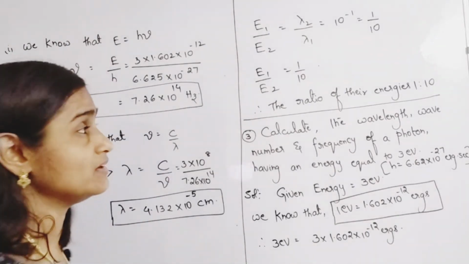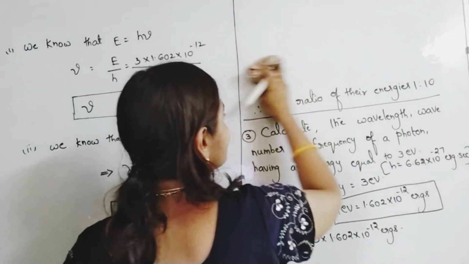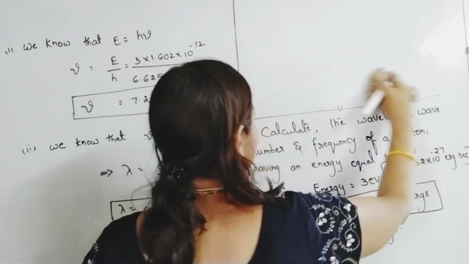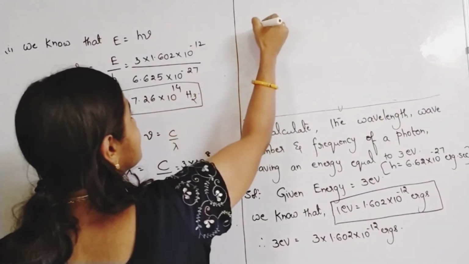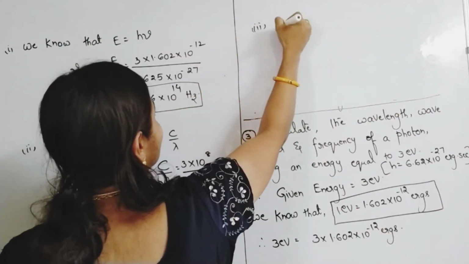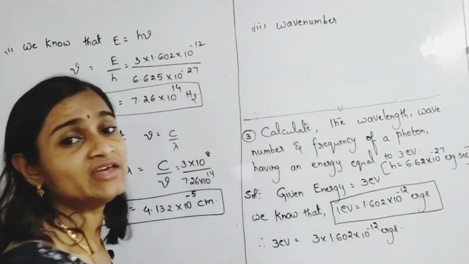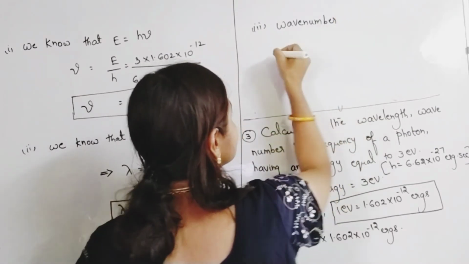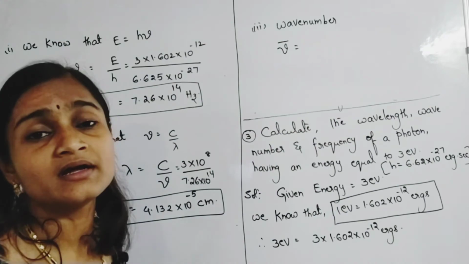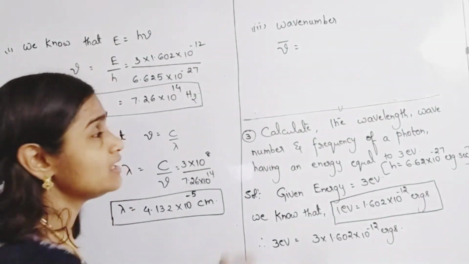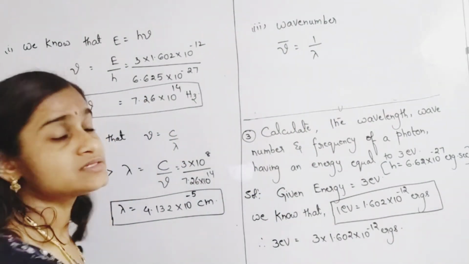So wave number is denoted by nu bar, which is equal to 1 by lambda.